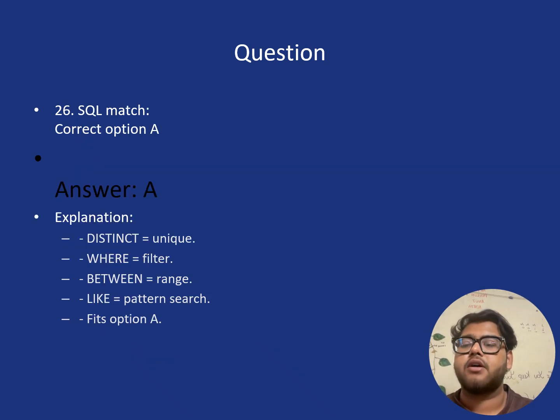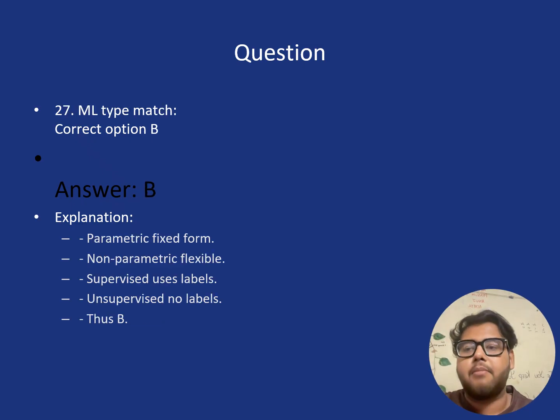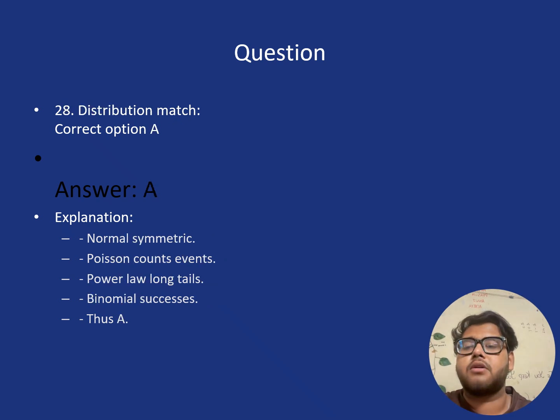SQL match. Correct option is A. Distinct is equal to unique, where is equal to filter, between is equal to range, like is equal to pattern search. ML type match. Parametric fixed form, non-parametric flexible, supervised uses labels, unsupervised uses no labels.